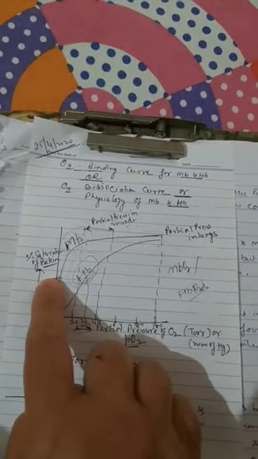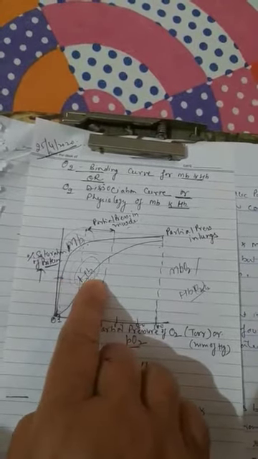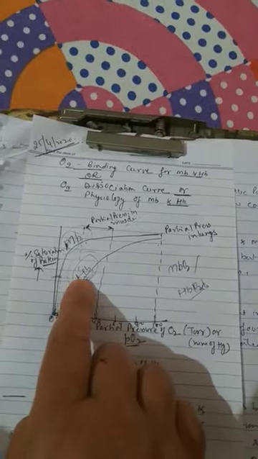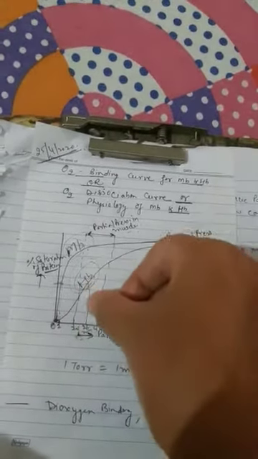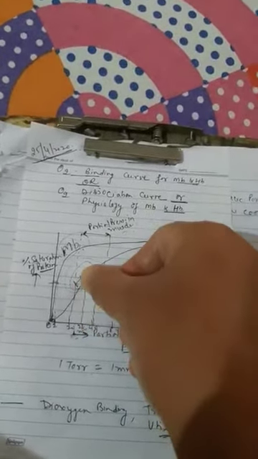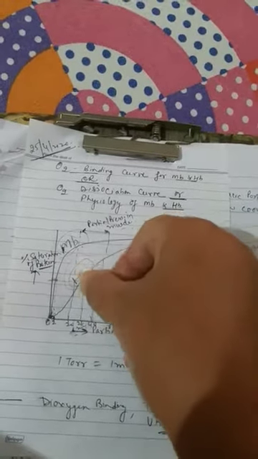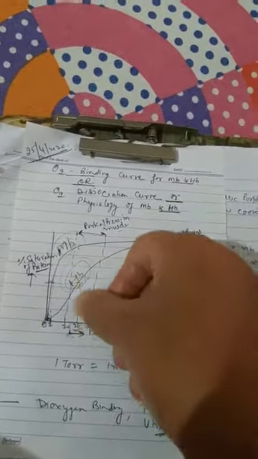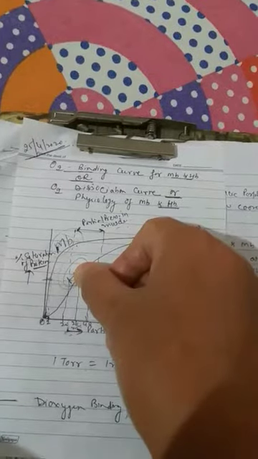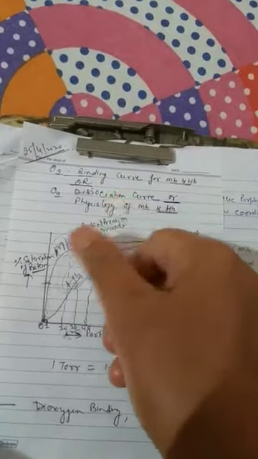if you move to the same point on the hemoglobin curve, a concentration of approximately 26 millimeter of mercury will be needed for the hemoglobin molecule to bind oxygen.